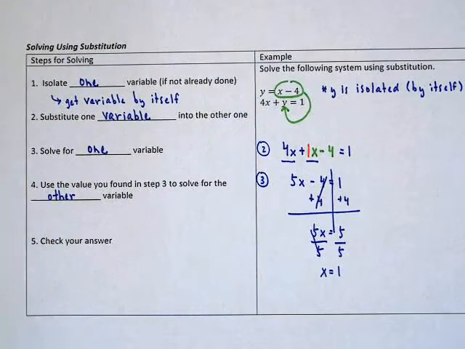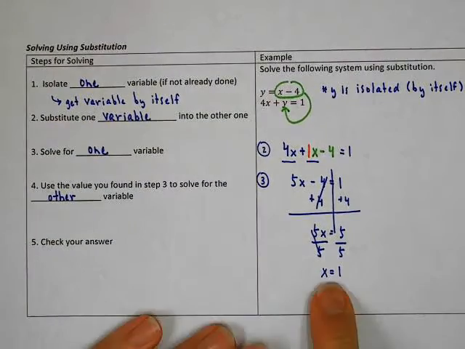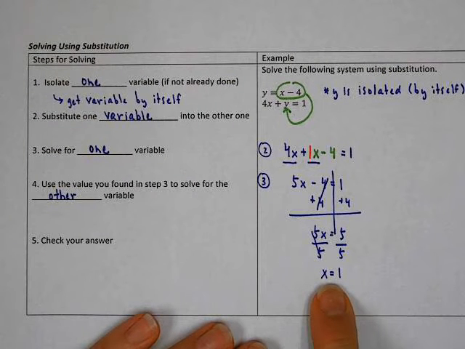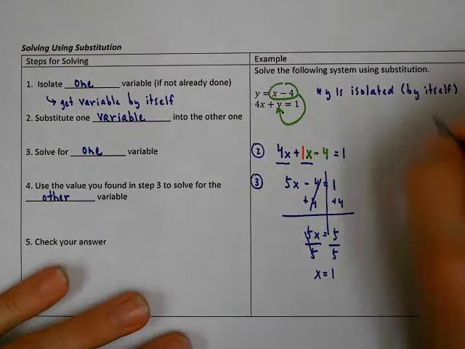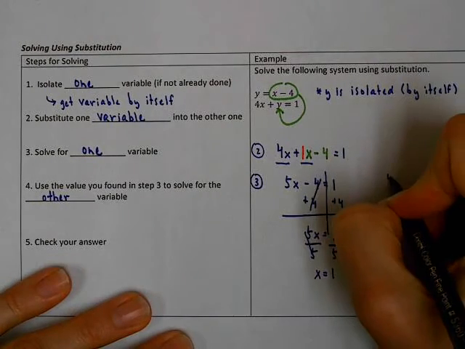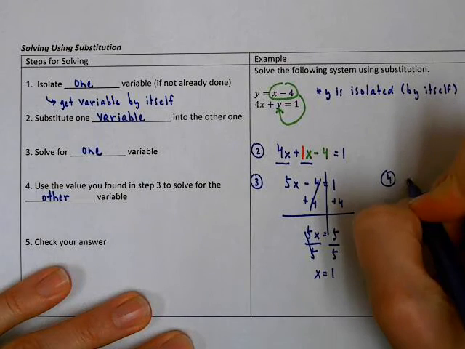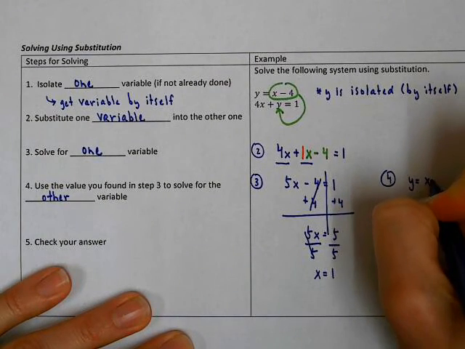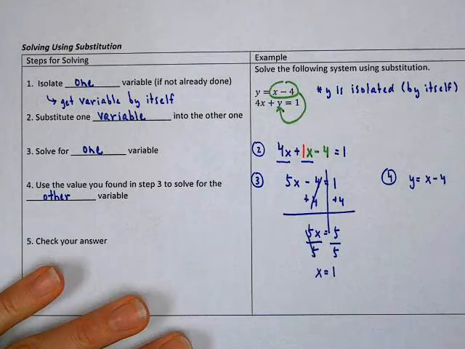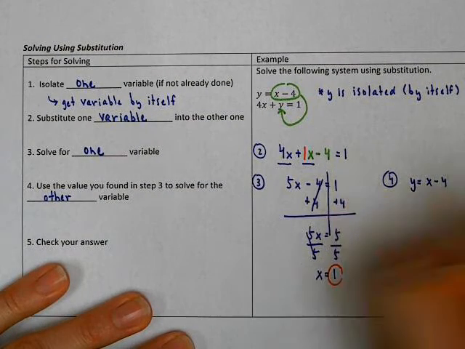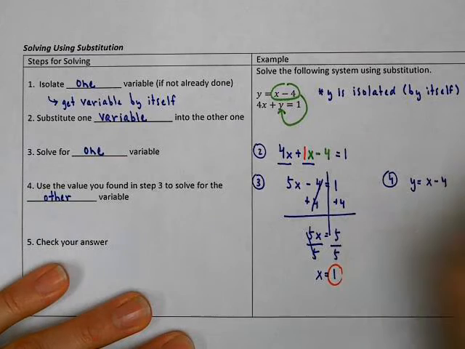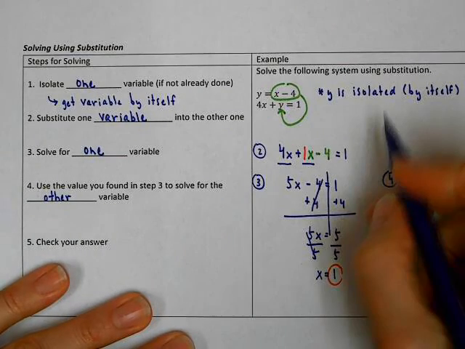So here's what we mean. I know that x equals 1, but I still have to solve for y. So here's what I'm going to do. This is step 4. My equation said y equals x minus 4. However, I know that x is equal to 1, so I can substitute 1 into my equation.